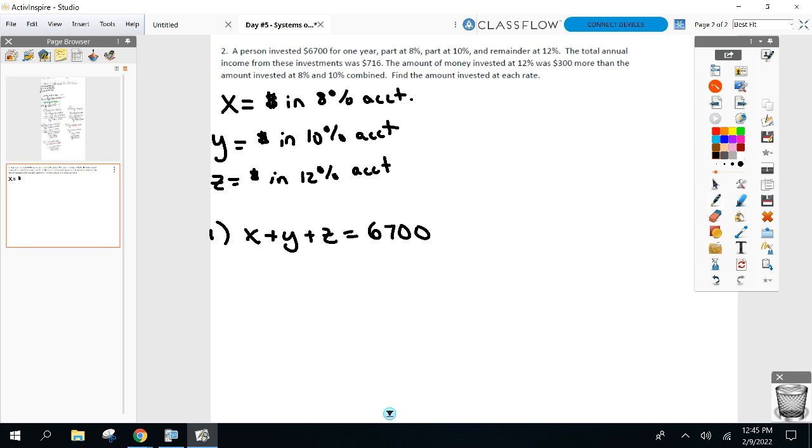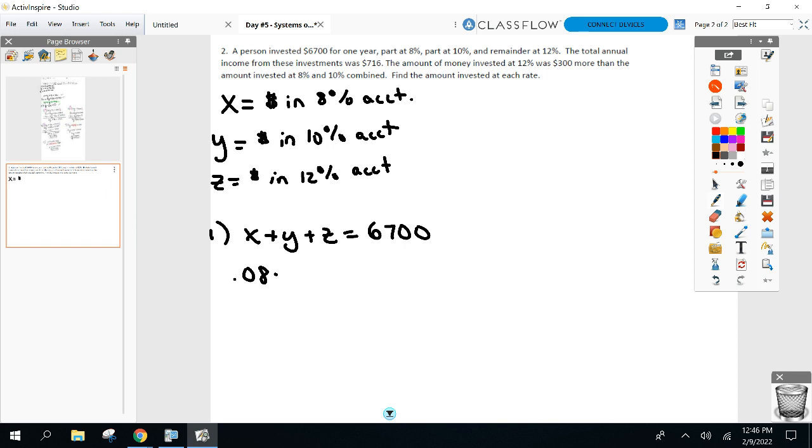All right, here's where it gets nuts. The amount I had from the income, or the money I made from these investments, was $716. So after I put in the 8%, the 10%, and the 12%, I ended up getting $716 back. Now we put the percents with them. Do I put 8%? No. 0.08x.